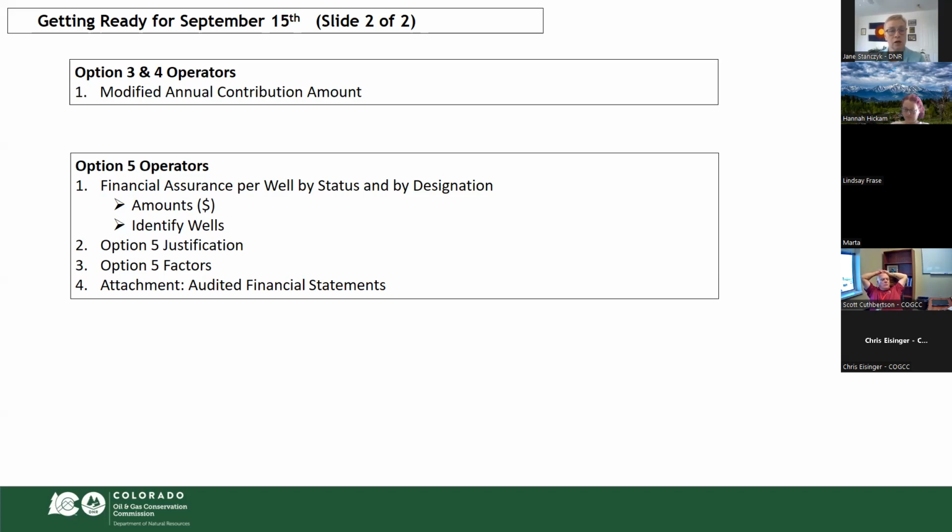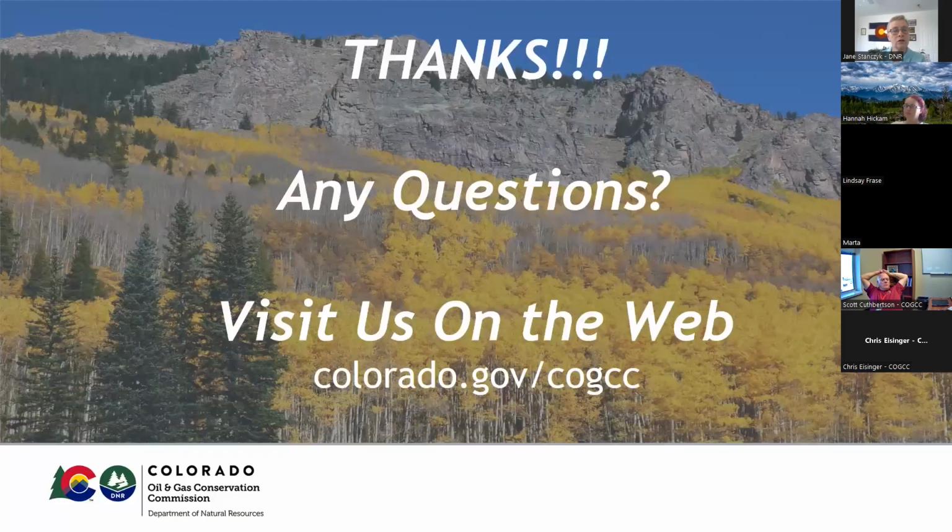And then the option 5 justification and the option 5 factors will also be required, as well as the audited financial statements attachment.